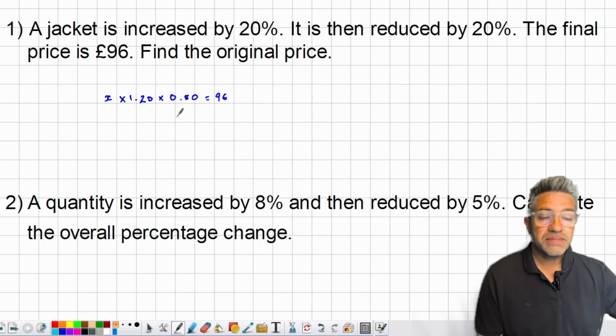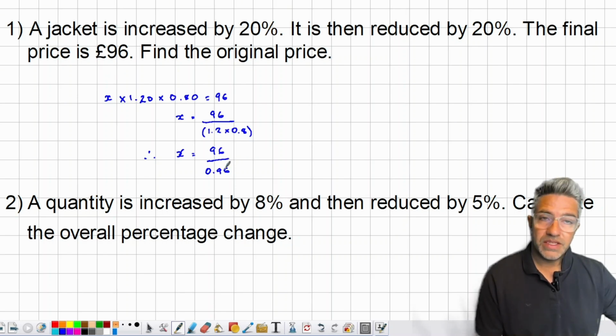So to find x, we need to do x equals 96 divided by 1.2 times 0.8. Therefore, x equals 96 divided by 0.96.